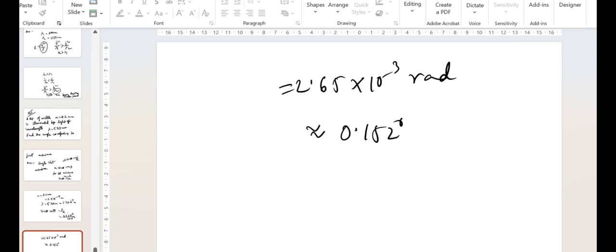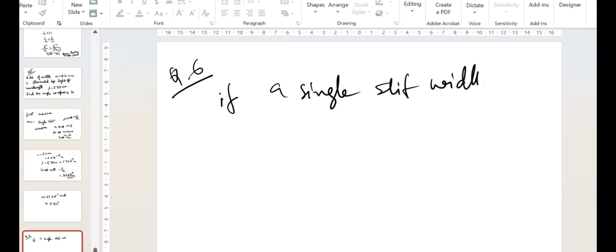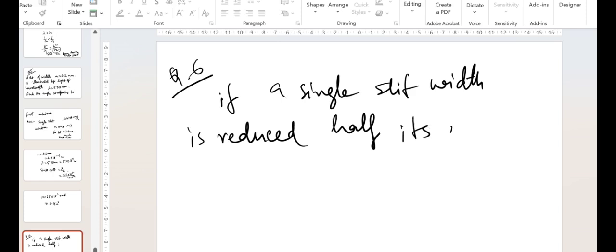So if a single slit width is reduced to half its initial value, what happens to the diffraction pattern?